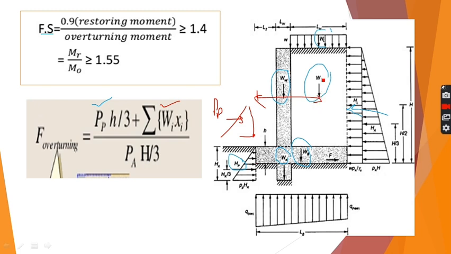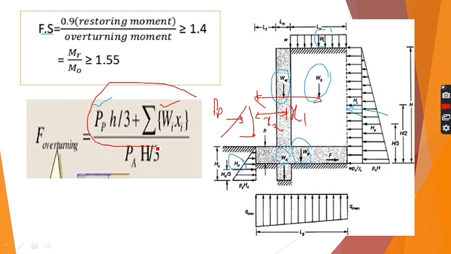So for this case, if this is the weight of soil, the moment due to this weight of soil at this particular point will be Ws into this distance x1. Similarly for Ww, this will be x2. So we have just written here the summation of W into x bar.